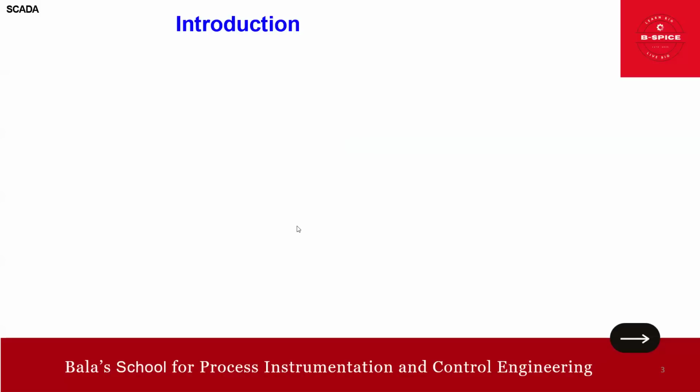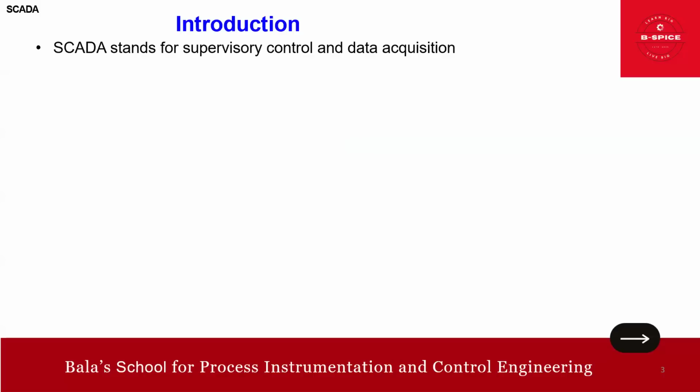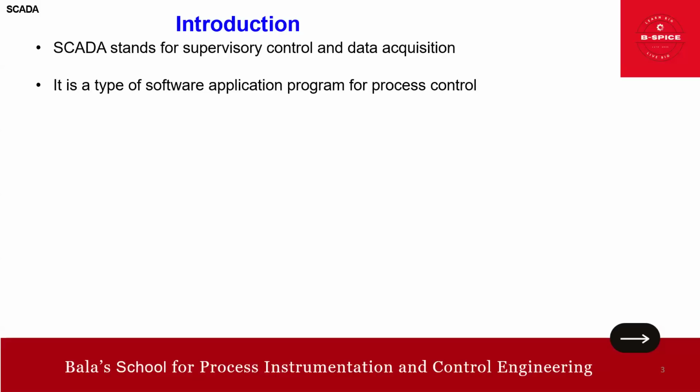So intro, as we discussed in the beginning, SCADA stands for Supervisory Control and Data Acquisition. It's simple, right? Basically, it's a type of software application program for process control.